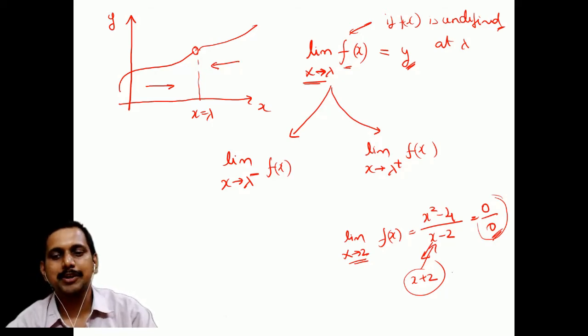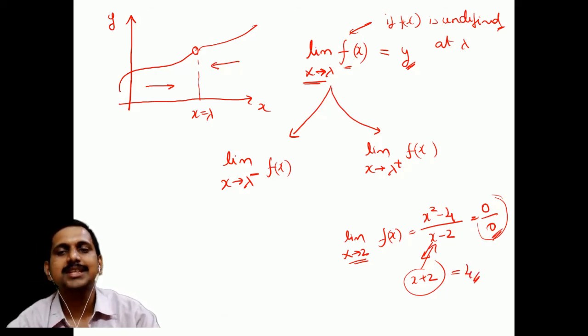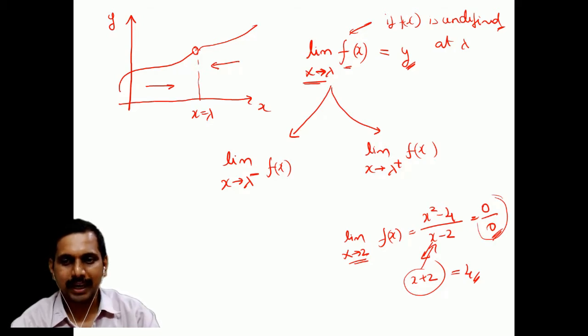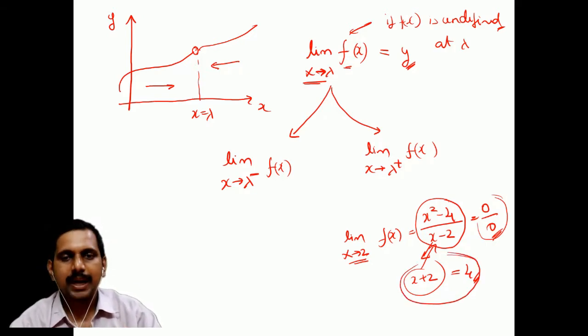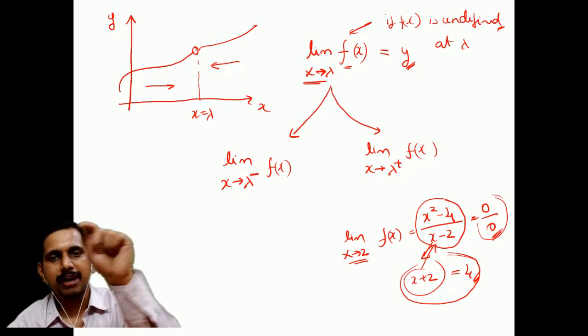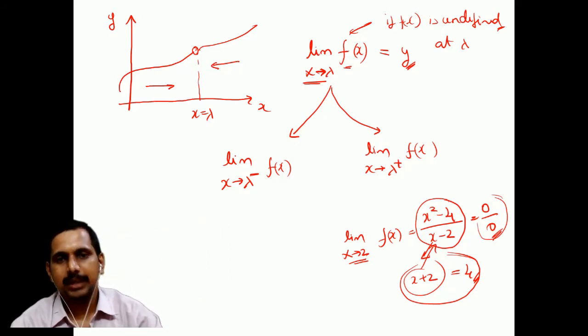This is an approximation, and then we say it is equal to 4. But if you write the function in this fashion, it is undefined. Are you getting that point? Even though it is 0 by 0 and undefined at a point, the approximation of that function at that point is called the limit.